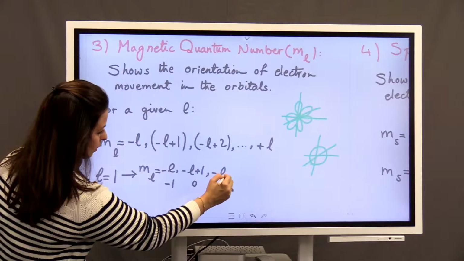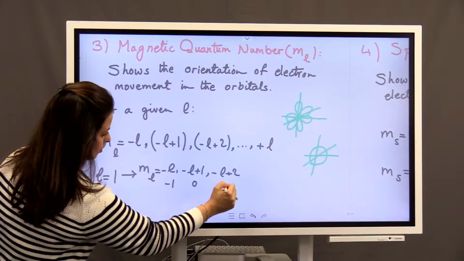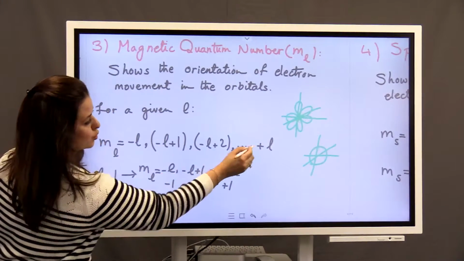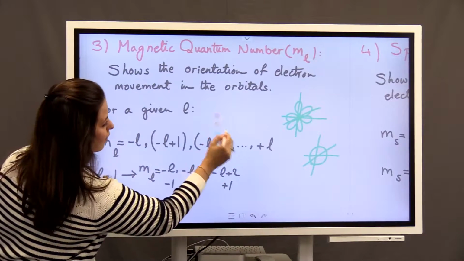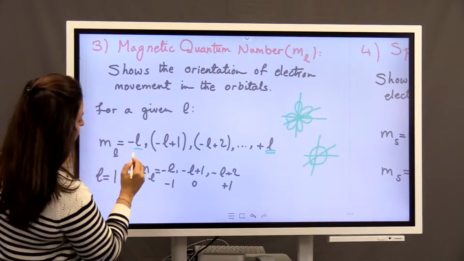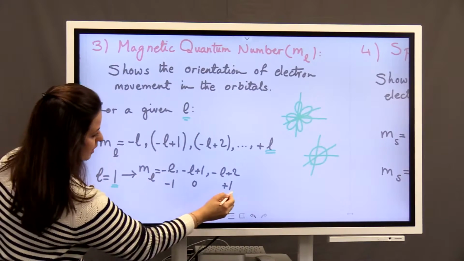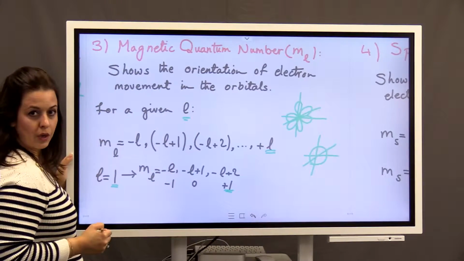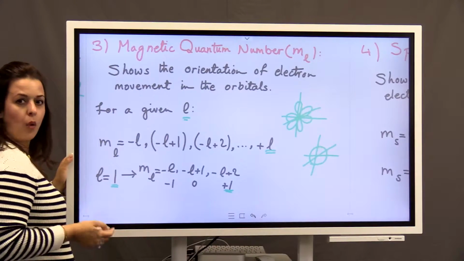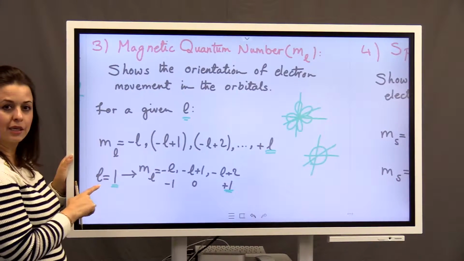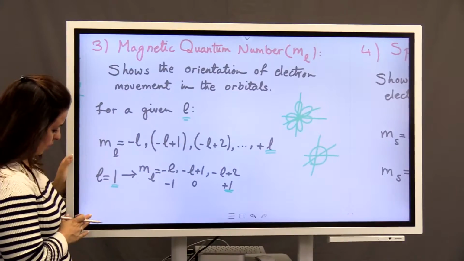And minus L plus 2 is positive 1. I told you to stop when you reach the same as L, right? Don't I have the same L? So I stop.